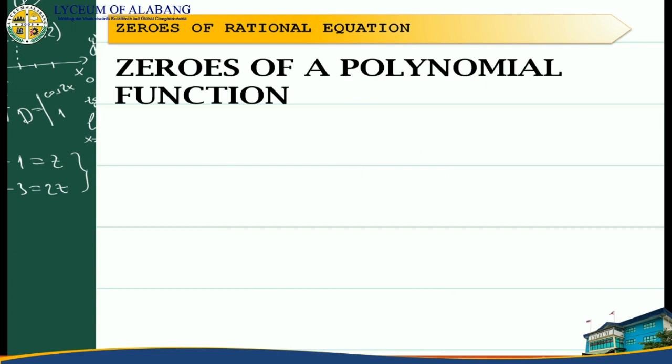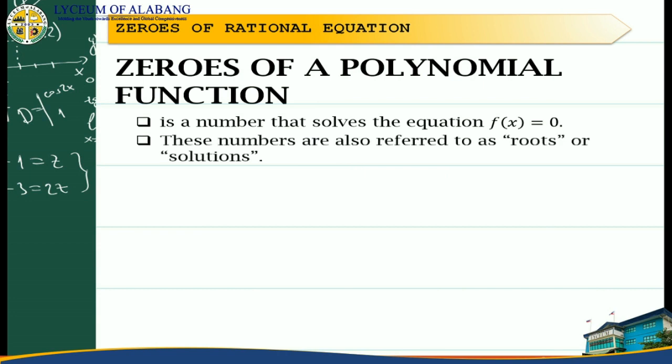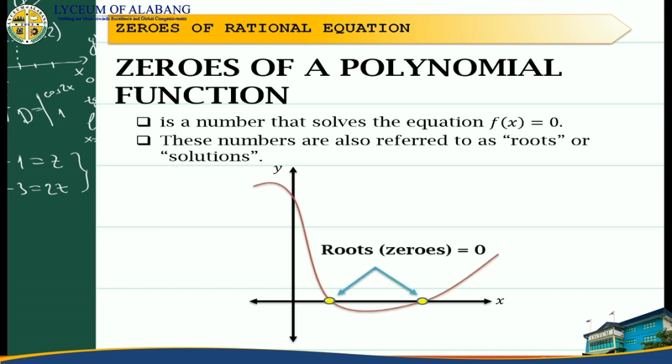Zeros of a polynomial function is a number that solves the equation f of x is equal to 0. These numbers are also referred to as roots or solutions. For example, the zeros of a function are the collection of x values where the height of the function is 0.